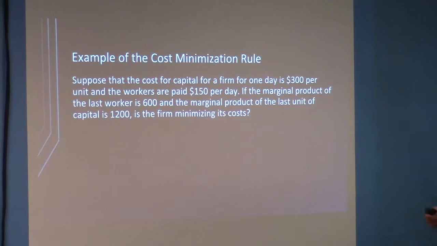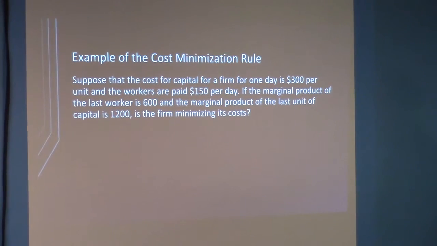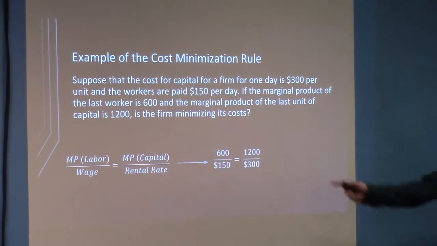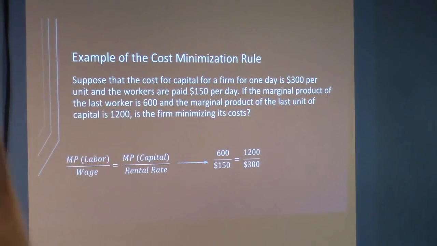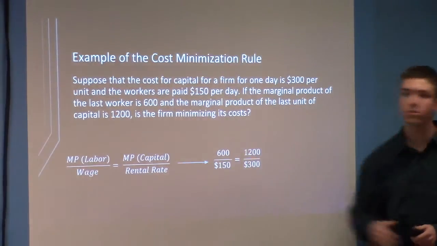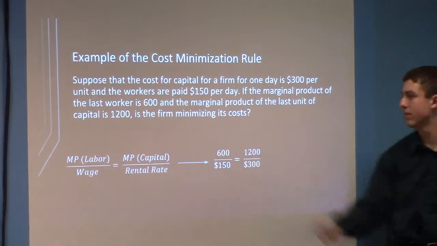Our example here is one that we saw when we discussed this unit, but in essence you're given 4 numbers and you want to match up the numbers that are related to capital and then those related to labor. For labor, the $600 is the marginal product of the last worker, and $150 is how much you're paying that most recent worker.